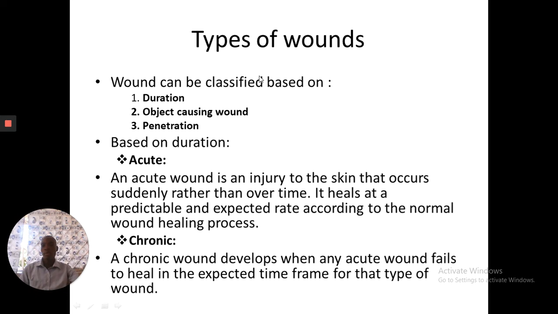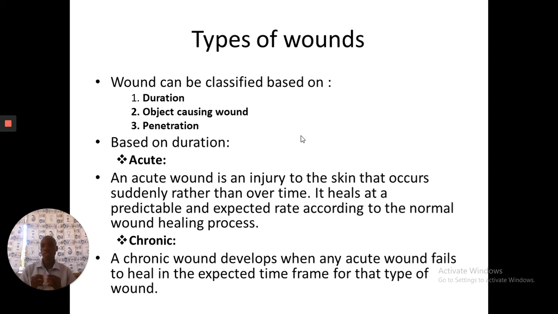Okay, so we are going to talk about types of wounds, and basically here we are doing a classification. Whenever we do a classification, we look at a criteria of classification and use that criteria to group wounds. I picked 3 criteria here: duration, the object causing the wound, and penetration.